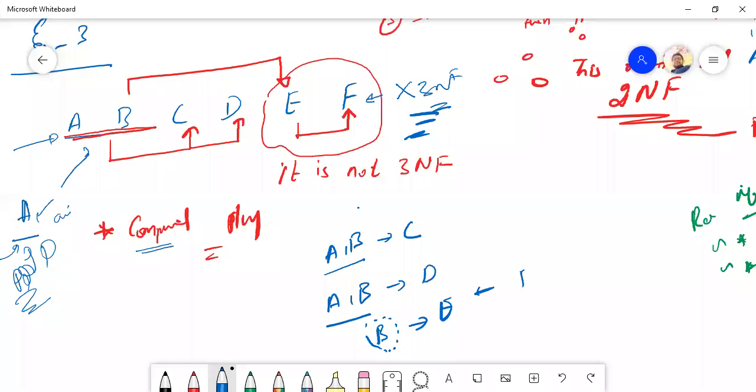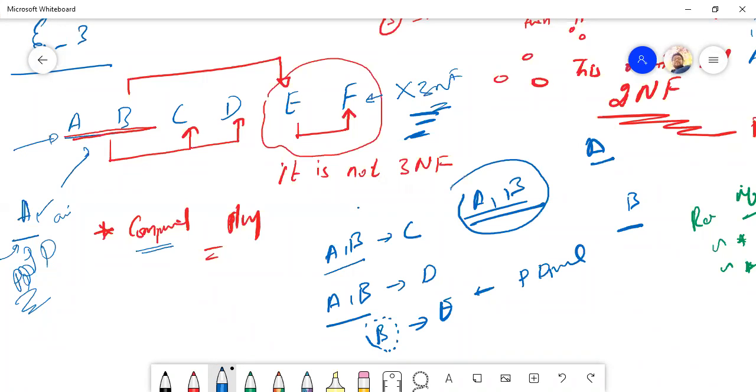Here you can see partial dependency, because our primary key is A and B. We can't say A alone is a primary key or B alone is a primary key, because it is a composite one. If something depends only on A, that is also partial dependency. If something depends only on B, that is also partial dependency.